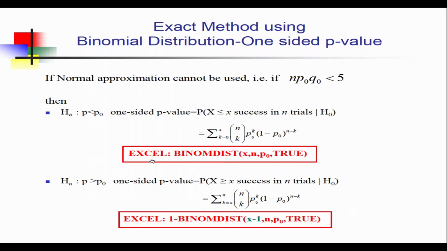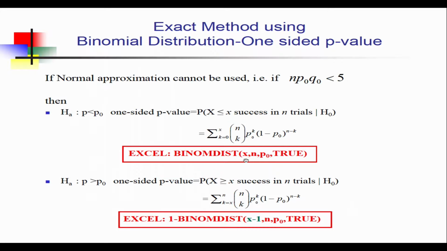In Excel, you can use this function to get the cumulative probability of capital X less than or equal to small x. There are 4 elements in this function.